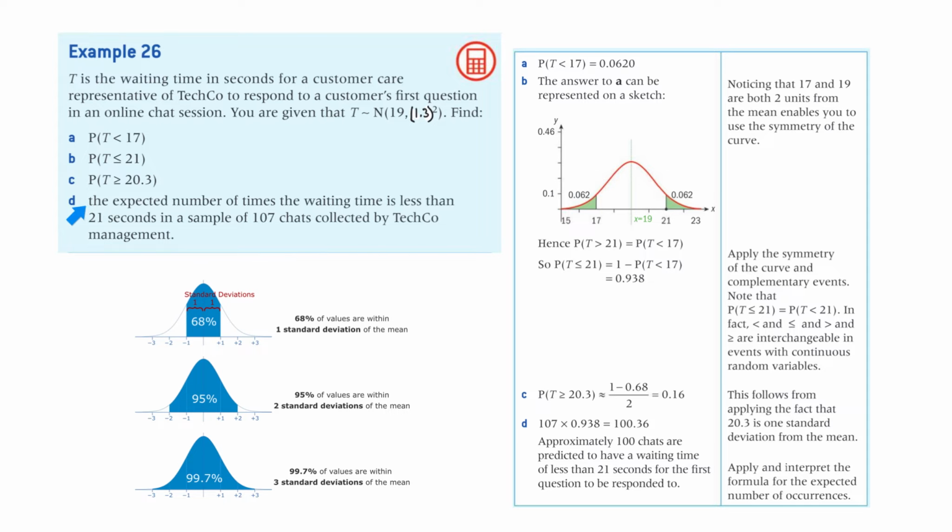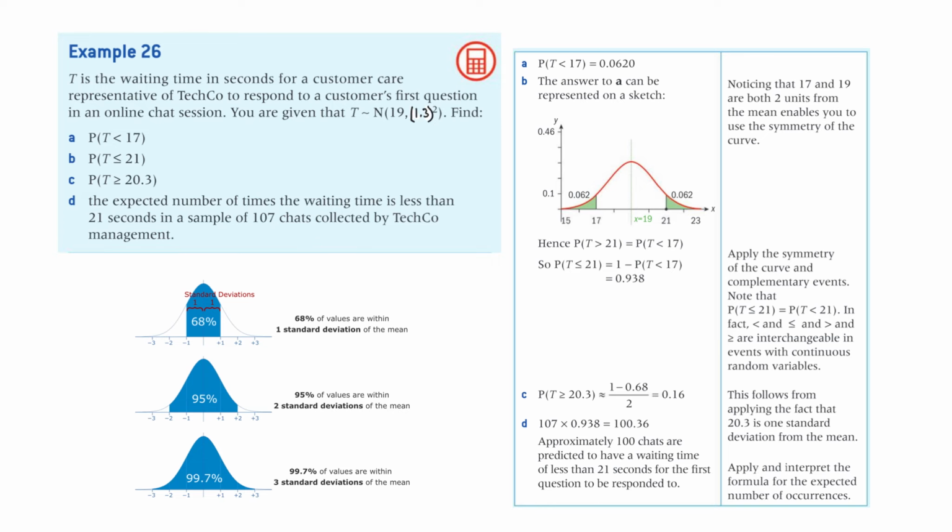And now let's have a look at D. The expected number of times the waiting time is less than 21 seconds in a sample of 107 chats collected by tech company management. Okay, so what they've done is, the outcomes are just 2, right? It's either less than 21 seconds or more, so that's binomial. It's 107 chats, and the probability of the waiting time is less than 21 seconds.